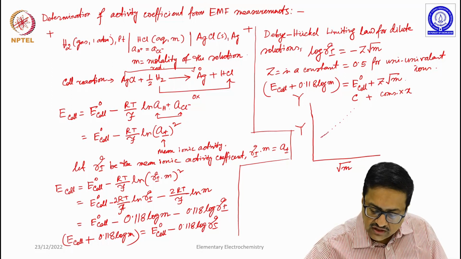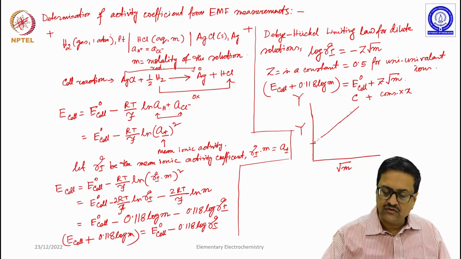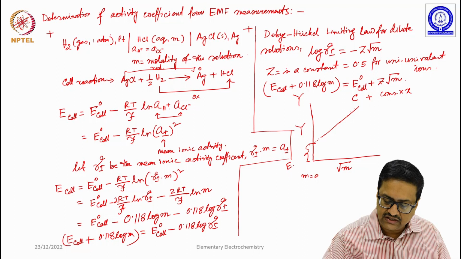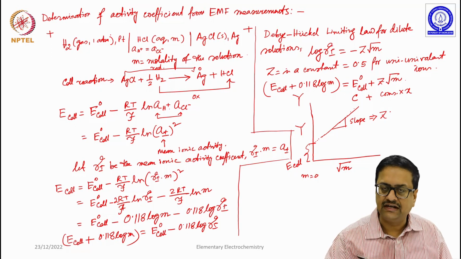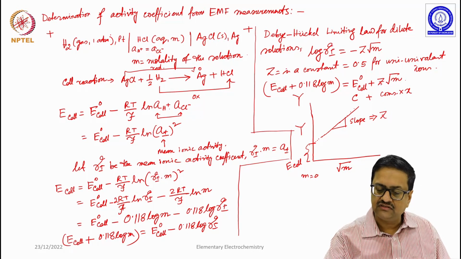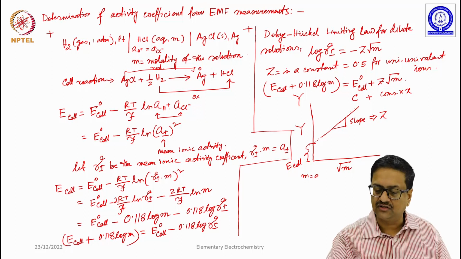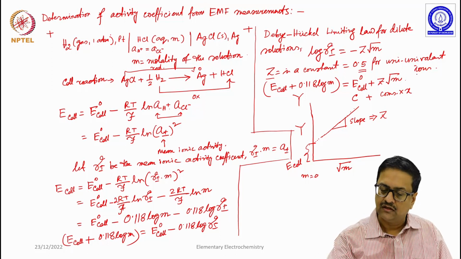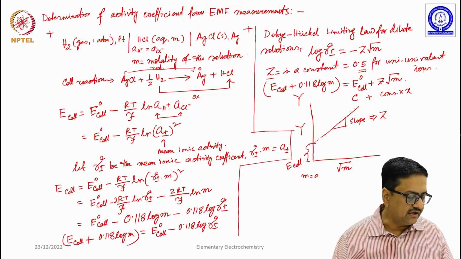So one has to join those dots with a line, and then when you extrapolate, what you get at m equal to 0 gives you the value of E0 cell, and from the slope one can calculate the value of z, which can be verified whether it comes out to be half or not, because as we said, z is a constant which is true for univalent pair of ions.